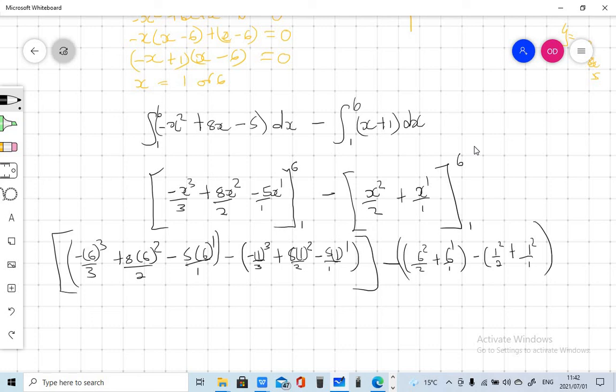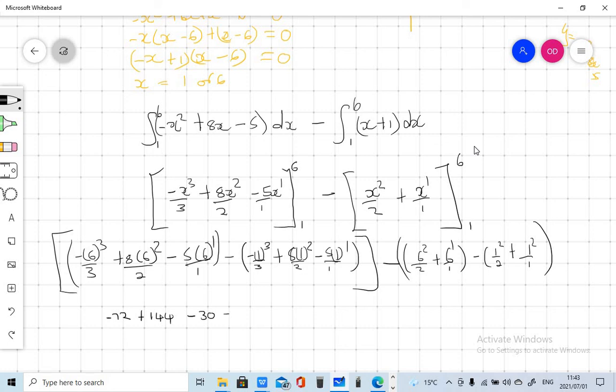Okay, and then you close there. 6 to the power 3 gives you 216, and then 216 divided by 3 gives you 72. So that's minus 72. 36 times 8 is 288, divided by 2 is 144. And then 5 times 6 is 30, so minus 30.